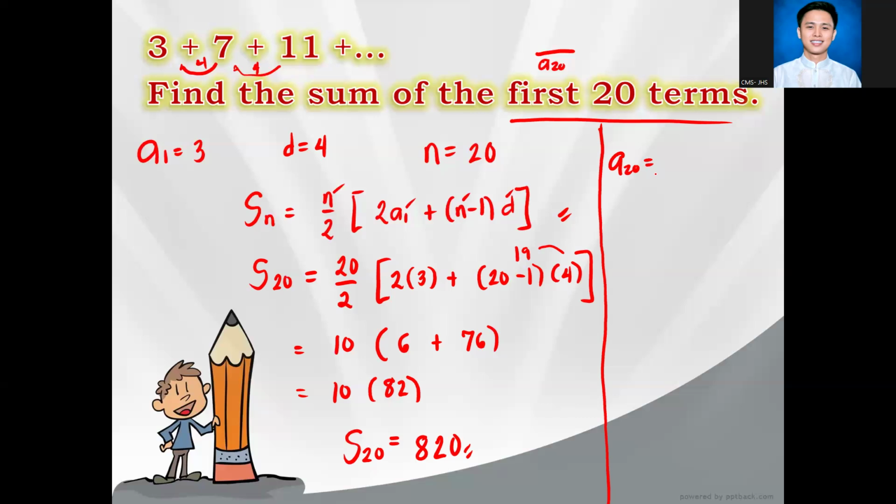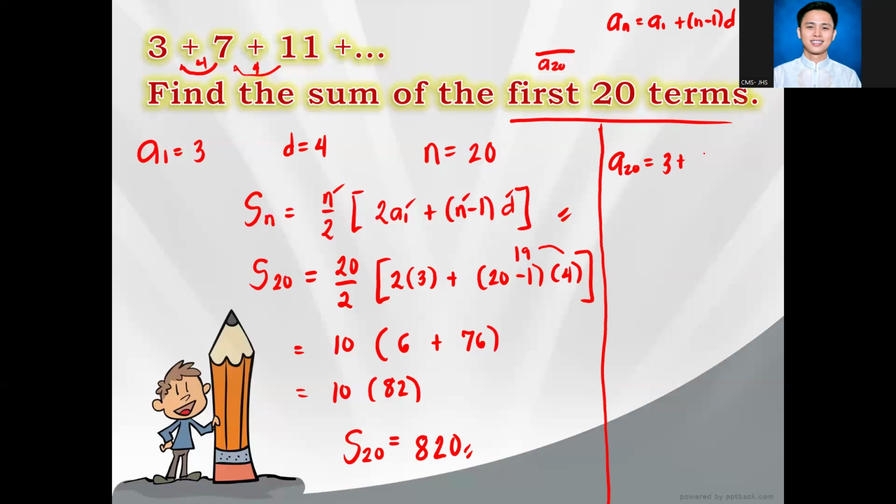A sub 20 equals, let's make use of the formula. Always make use of the formula for the arithmetic sequence. A sub n equals a sub 1 plus n minus 1 times d. Let's solve for a sub 20. A sub 20 equals a sub 1, the first term, which is 3, and then n minus 1.